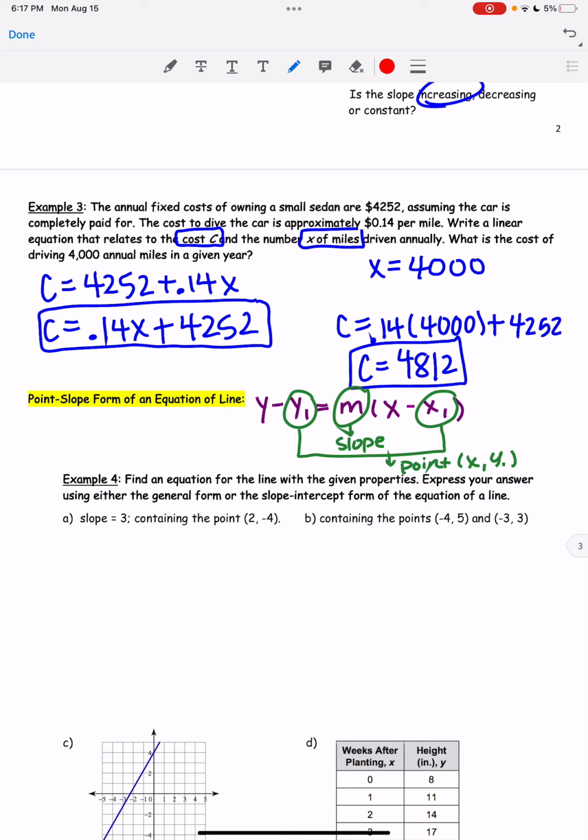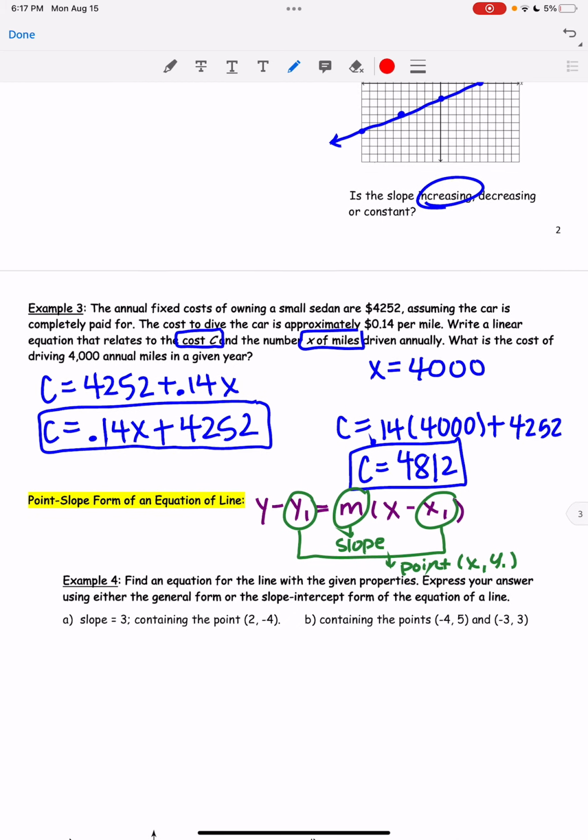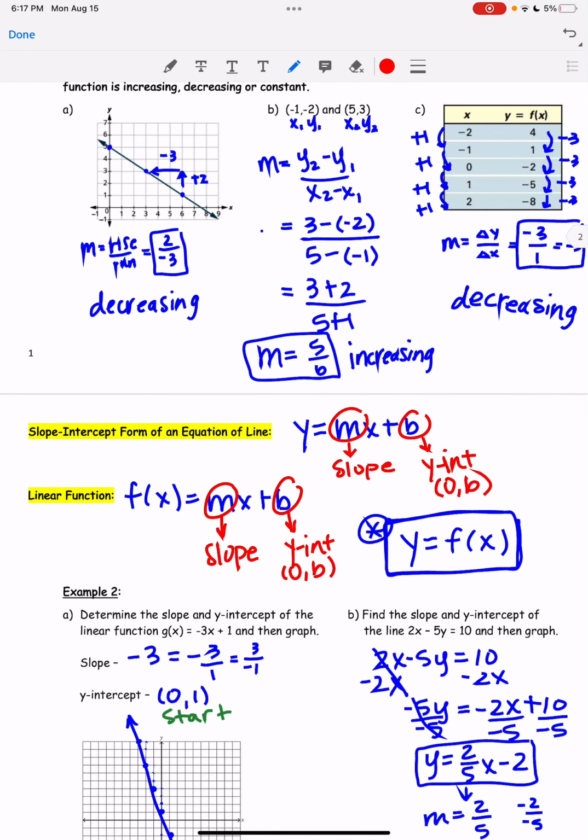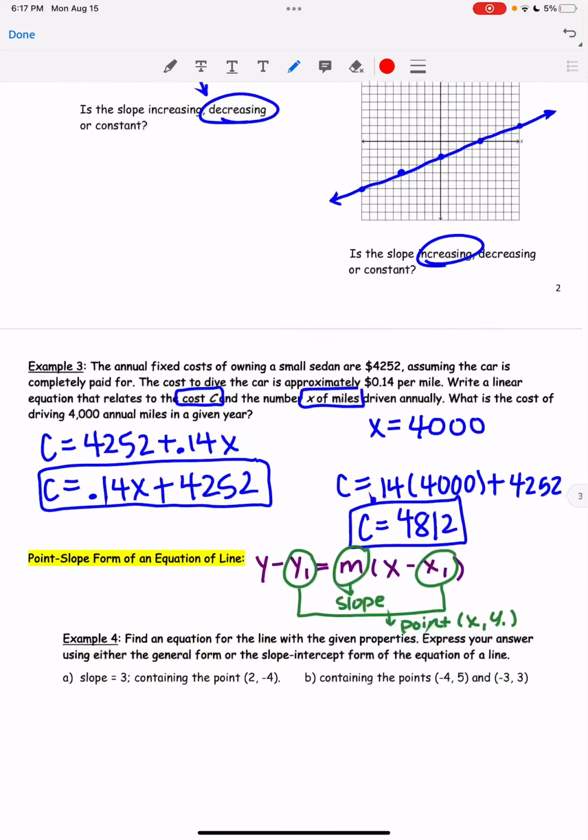So point-slope form, you're using a point and a slope. Up here, this was called slope-intercept form. Why? Because we found the slope and the y-intercept. So these are named, not creatively at all. They're named by what they give you or what you need in order to use them.